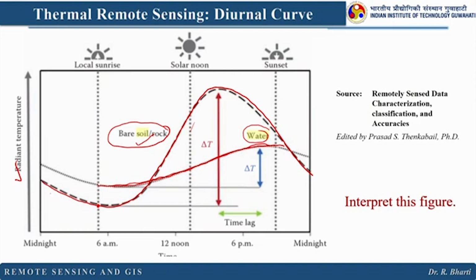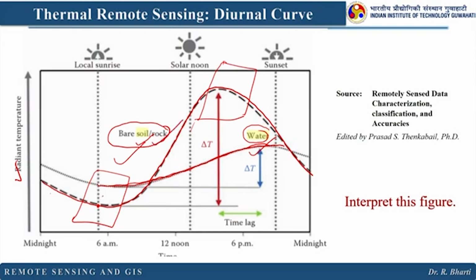If you want to segregate water and bare rock or bare soil from the thermal images, it is very easy, because the temperature which will be emitted by this particular water and the bare soil body will be different. Now suppose you have captured one thermal image at this particular time and the second image at this particular time for any given rock, right?